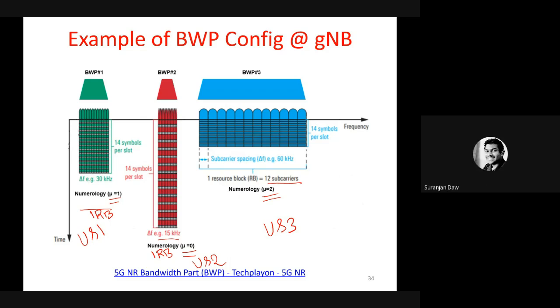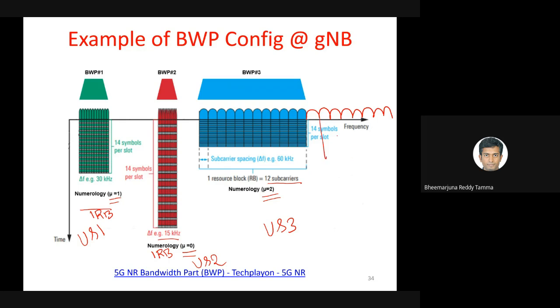All of you agree with me? So in the frequency domain, I have only 12 subcarriers. If you have another set, then I would have two resource blocks, each with 12 subcarriers. Ideally, I should have done something like this.